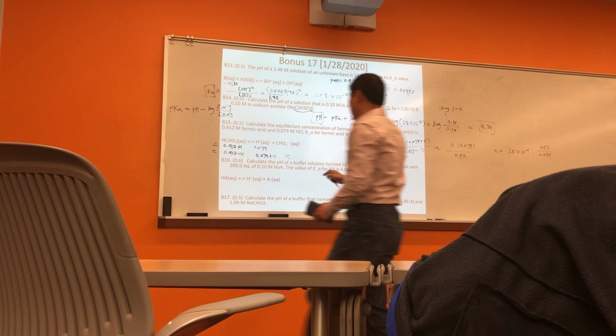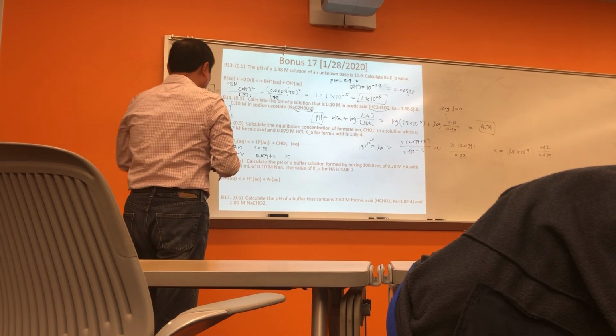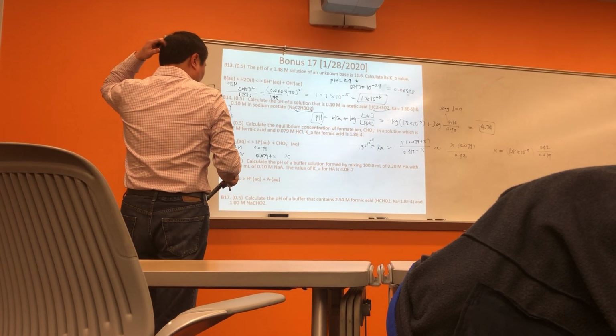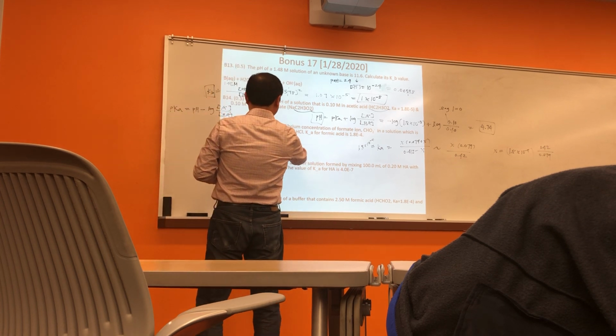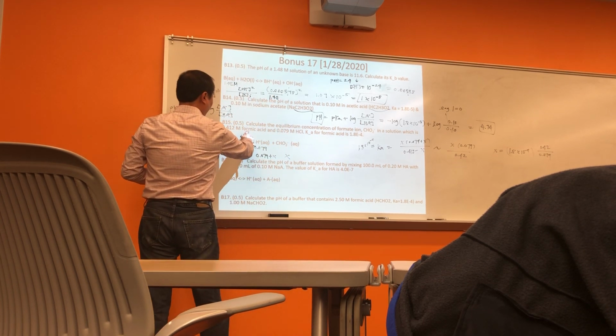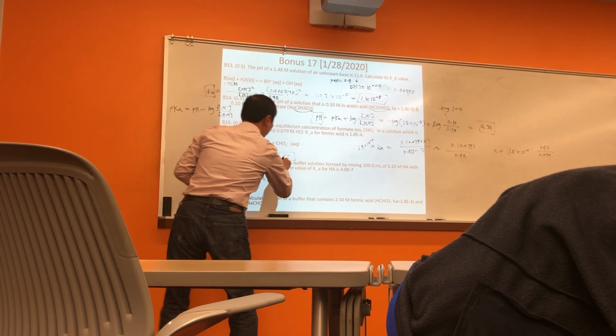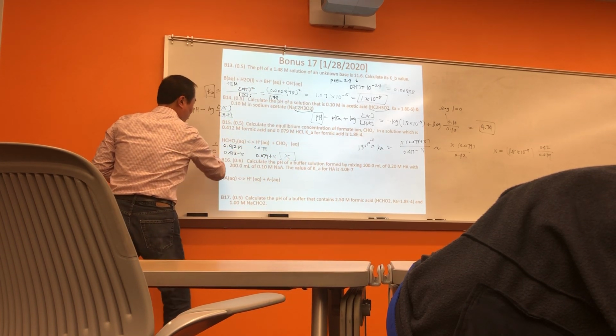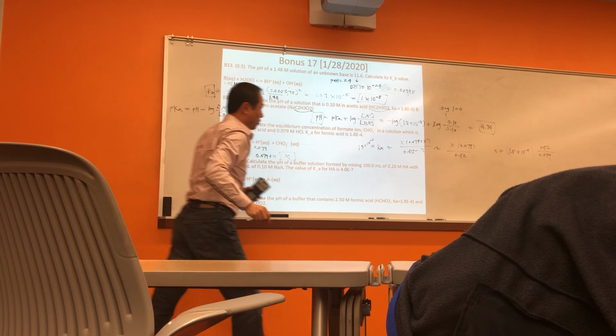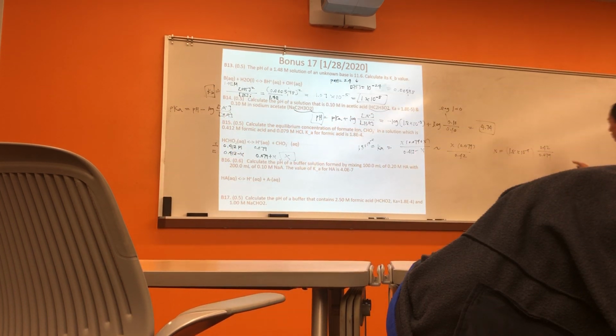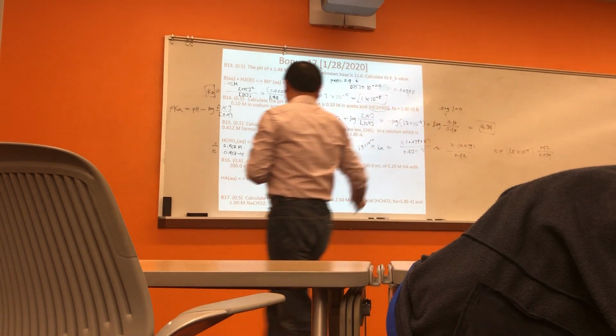What's x? X is that. And what are they asking? They're asking for the equilibrium formate, this guy, which means they're actually asking for x. At equilibrium, consider that guy is x. So they are looking for x. So this will be your answer. Okay? You have to calculate it.